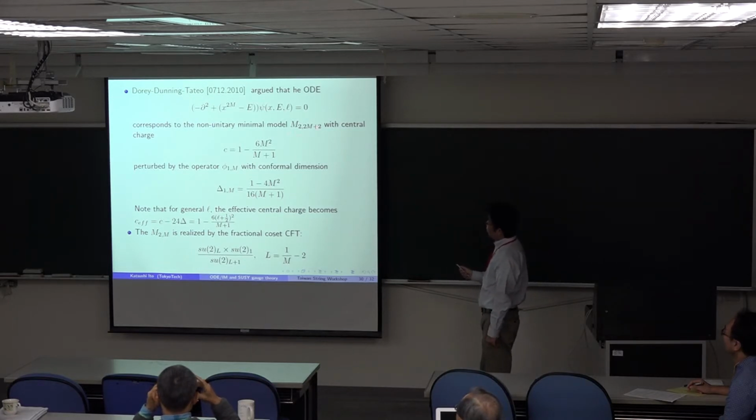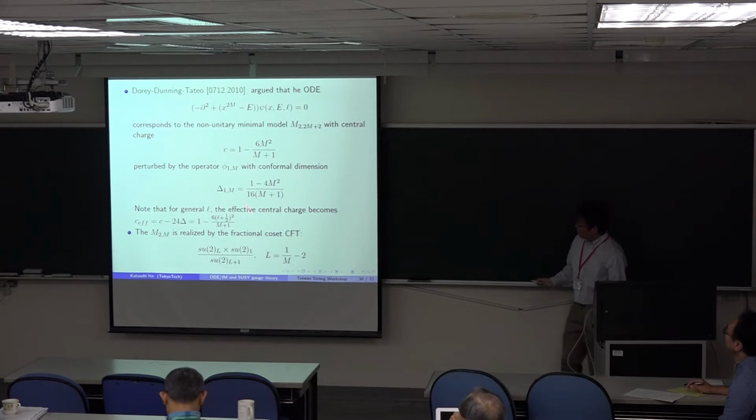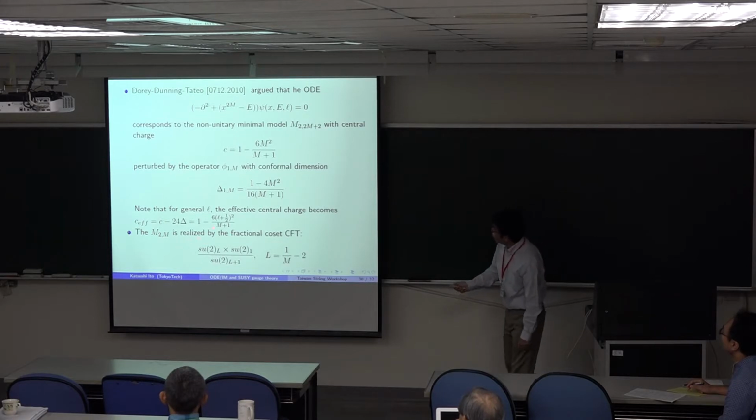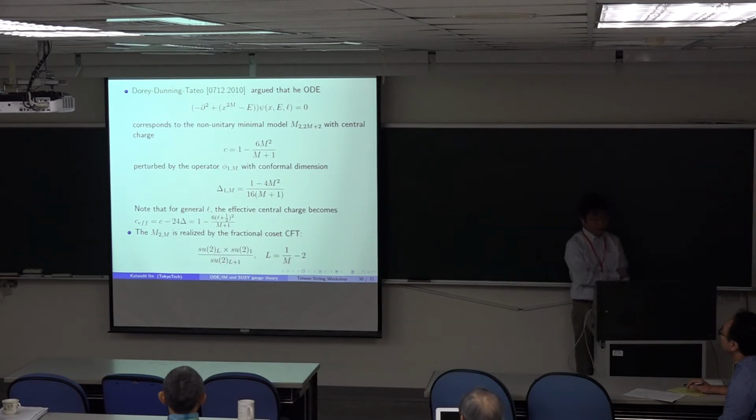This is actually non-unitary minimal models with this central charge, perturbed by the integrable perturbation. For general cases we can generalize it by adding some angular momentum part, and the effective central charge is computed accurately. And this non-unitary minimal model is actually the coset model with fractional level. That actually agrees with what is constructed from the 2D/4D correspondence.